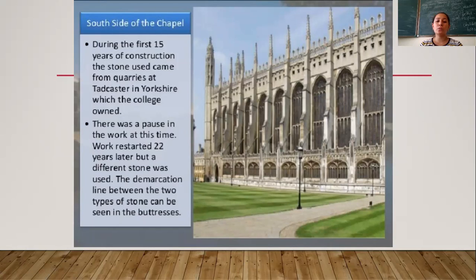There was a pause in the work at this time. Work restarted 22 years later, but a different stone was used. The demarcation line between the two types of stone can be seen in the buttresses.